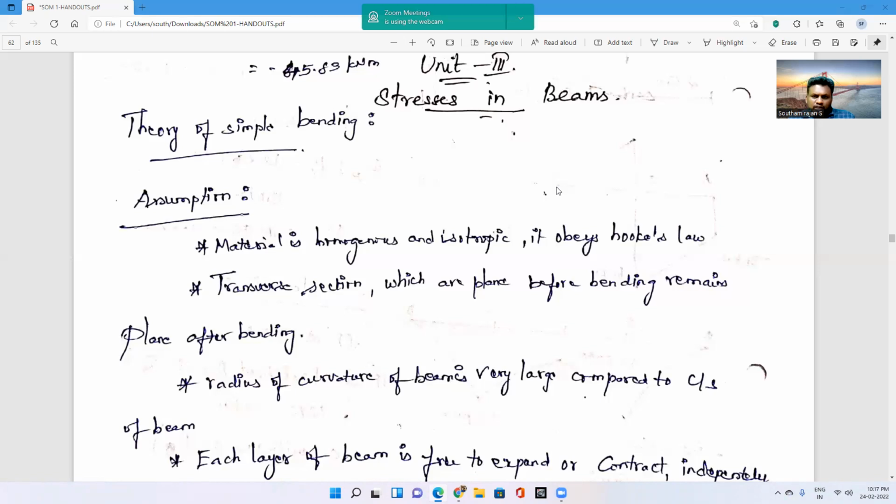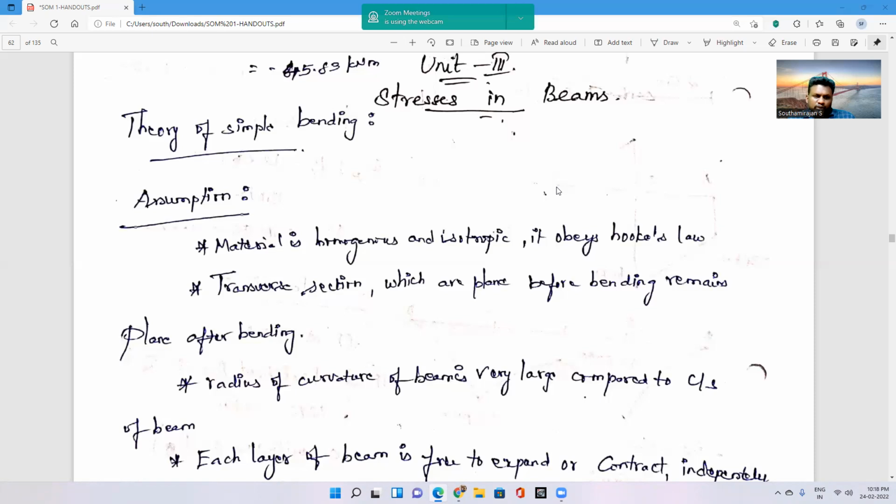So in order to obtain the relationship, we take a purely homogeneous material. Homogeneous material is nothing but a composition of only one uniform material. Next is isotropic, meaning it has isotropic properties, and it should obey Hooke's law. Hooke's law says that stress and strain are directly proportional up to the elastic limit. So it should satisfy all these conditions.